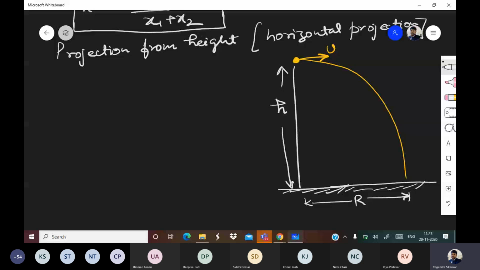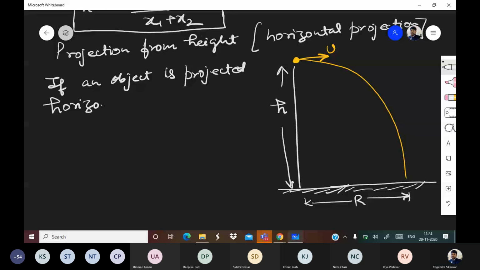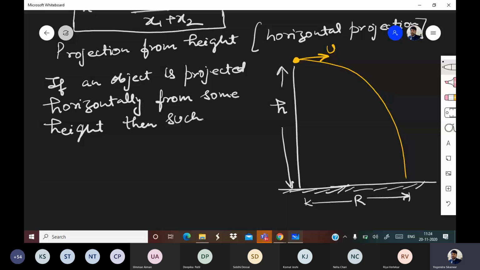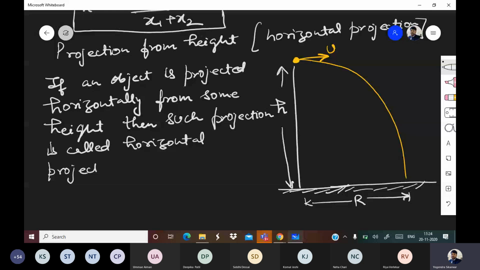So what is horizontal projection? If an object is projected horizontally from some height, then such projection is called horizontal projection.